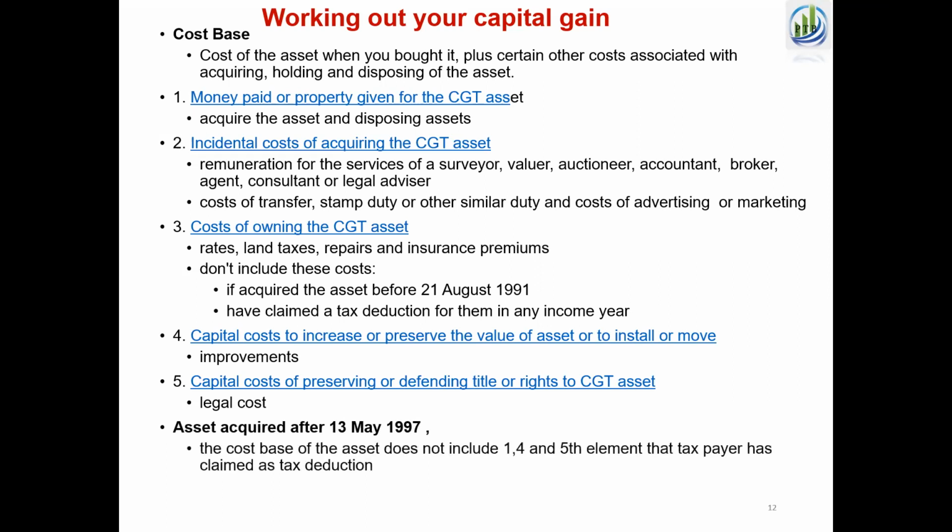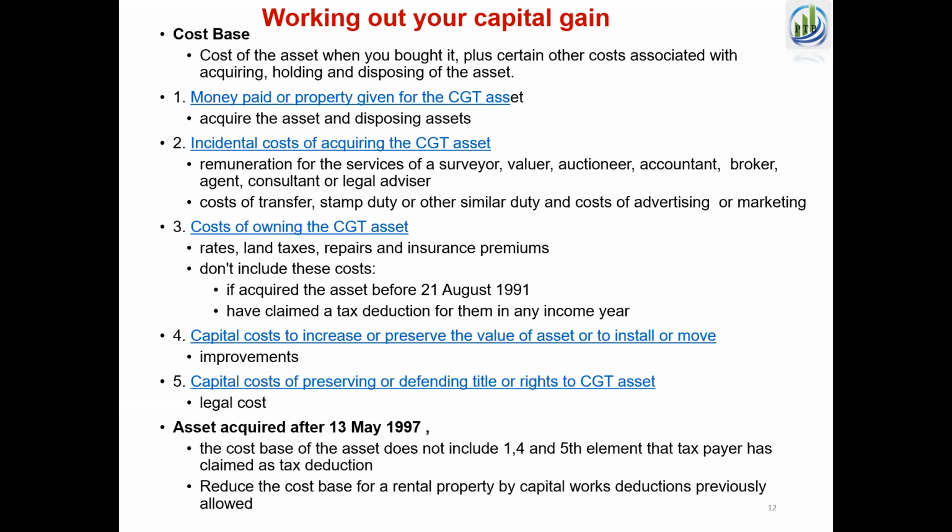What's the rule? The cost base does not include element 3, that is the cost of owning, if the taxpayer has claimed the tax deduction, right? If we claim the tax deductions, right? The reduced cost base, rental property capital works deduction previously allowed, right? So we will talk about this topic.